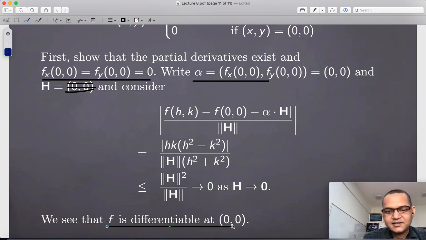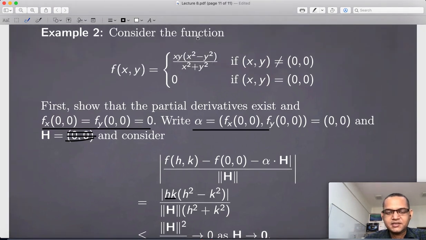And what is helping here? This power 2. This power 2 is coming because I have used something on h and k both. So this also suggests that if I had only h here or only k here, things may not be the same, isn't it? Because then I won't have this extra power.